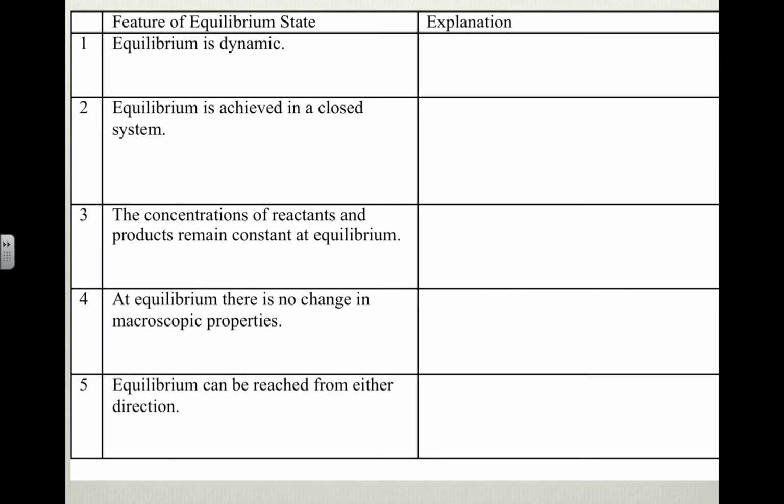So you need to be able to explain some of these characteristics of equilibrium. First off, equilibrium is dynamic. What that means is that the forward and reverse reactions are still occurring. We have not come to some static place. It's just not happening on a scale that we can see.